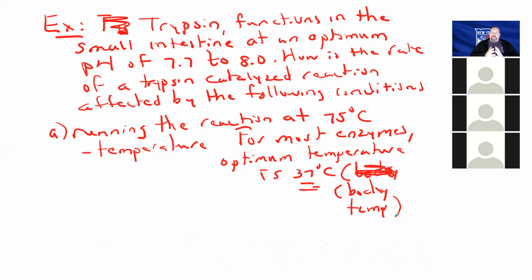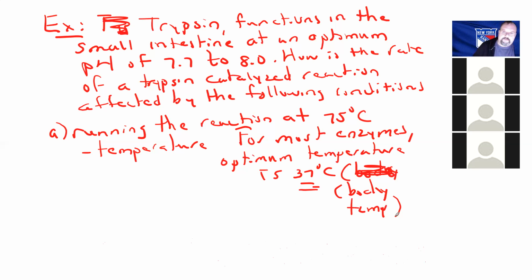Remember, denaturation essentially is the destruction of the three-dimensional shape of the enzyme, with something happening to the secondary, tertiary, or quaternary levels. Therefore, the enzyme can no longer function as it should, because it doesn't have its three-dimensional shape, and the shape of the active site is no longer what it should be.